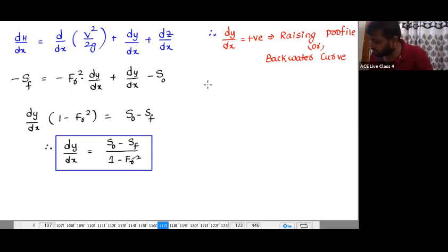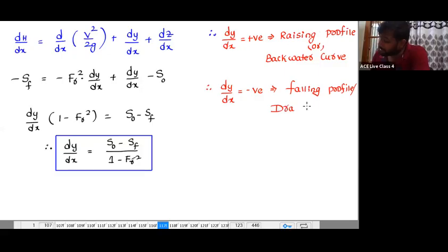Similarly, if dy by dx is going to be negative, we call it a falling profile or drawdown curve.